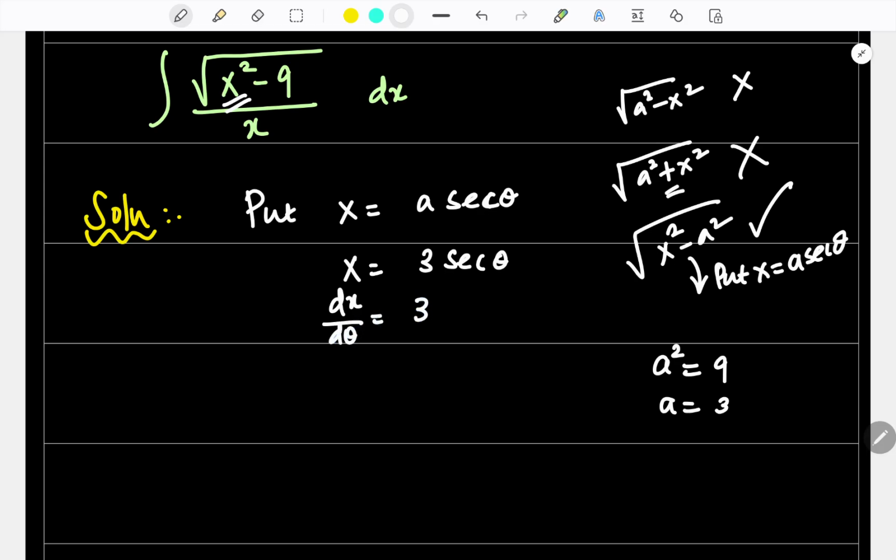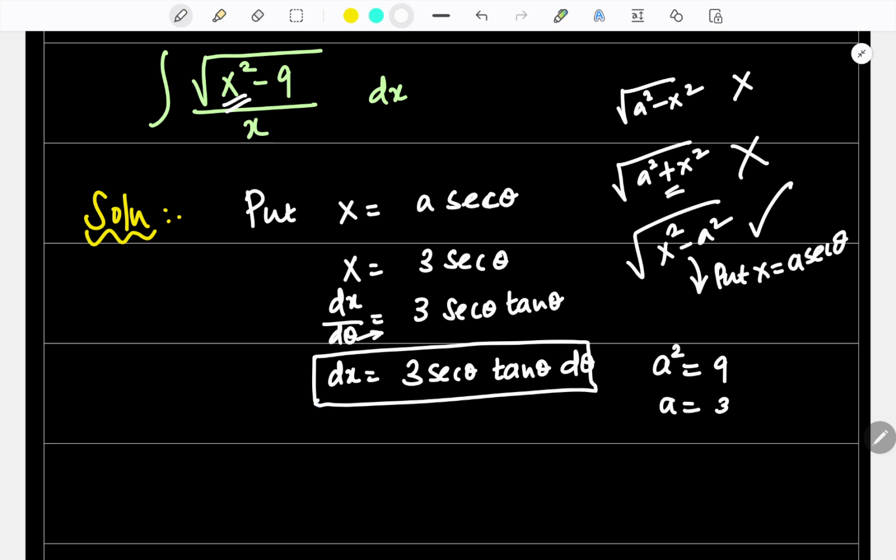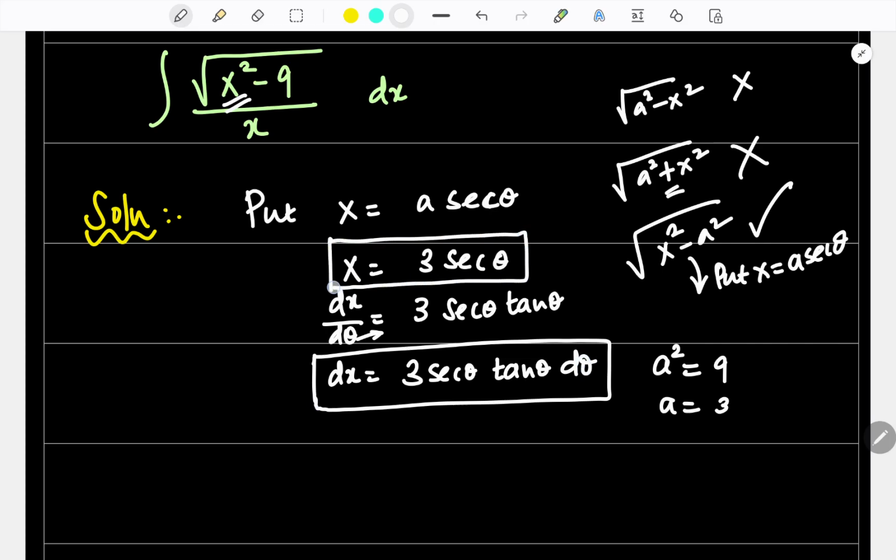Secant theta derivative is what? Secant theta tan theta. So dx equals 3 secant theta tan theta d theta, cross multiply, you will get d theta. And this is your x equals 3 secant theta.